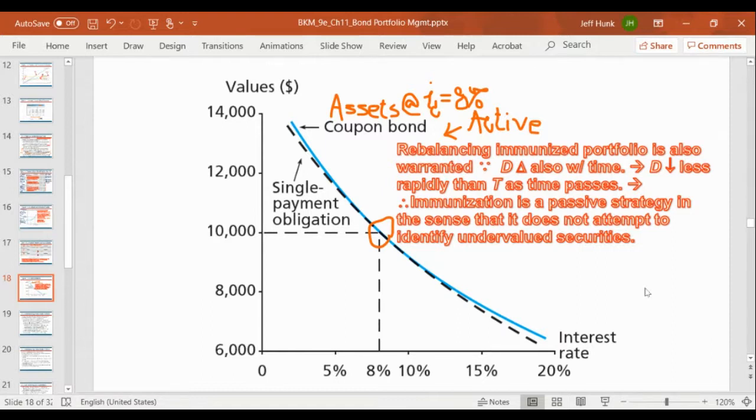The longer the time horizon, the longer the maturity, the chances of the immunized portfolio diverging in the future value, as time goes on, will be significant, because there's a good chance that the interest rate might fluctuate, right? The longer the horizon. That's why it's called maturity risk as well, right?